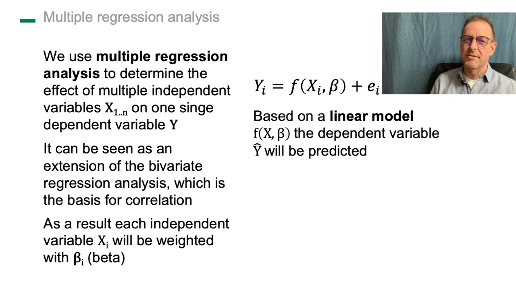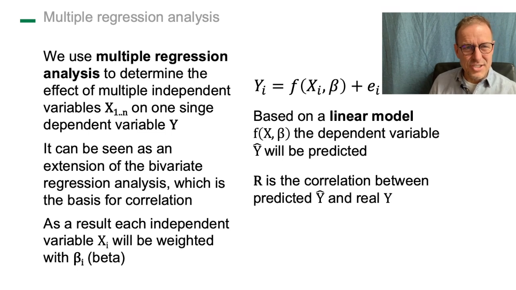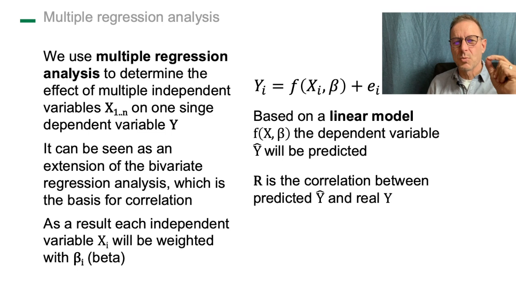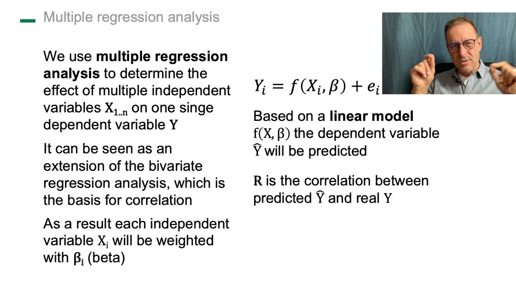And what you do then is the following: you have the real intention to leave. I mean, you have measured it, right? And you have a predicted one based on the model. Okay?